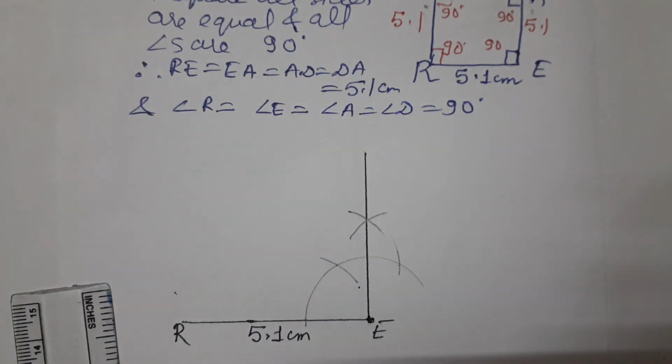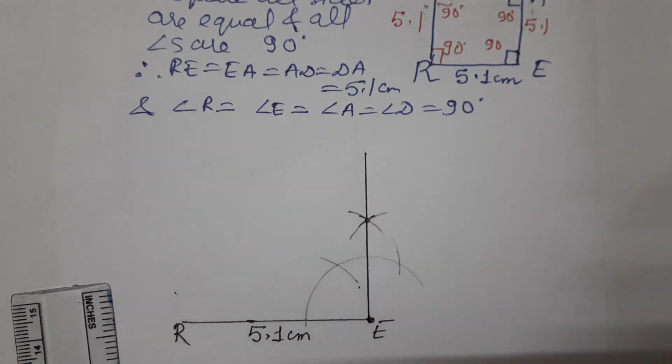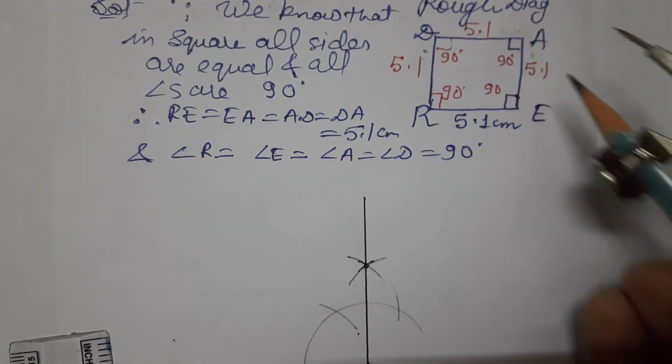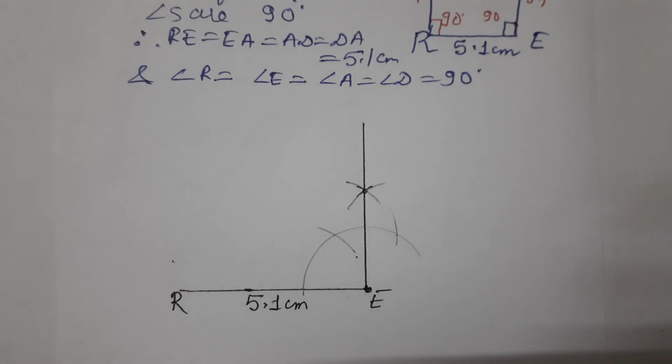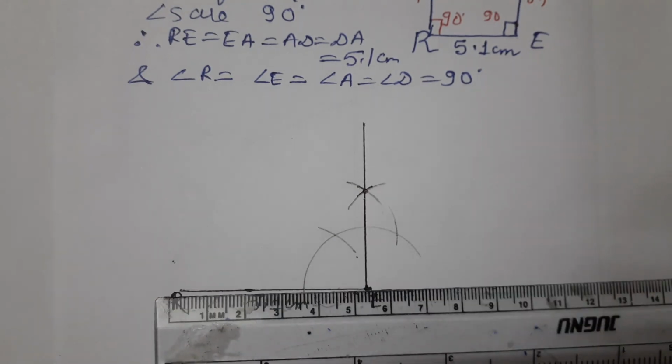Now we know RE is 5.1. Next, see what we have to make next. EA. E to A is a 5.1 arc. So let's make the arc radius 5.1. And we can construct by different methods also, children. We can take angles. Now I am taking sides.